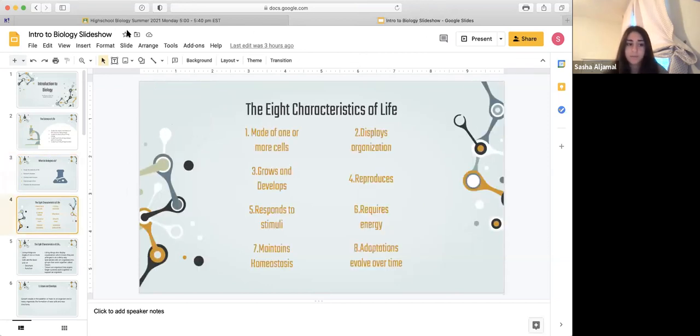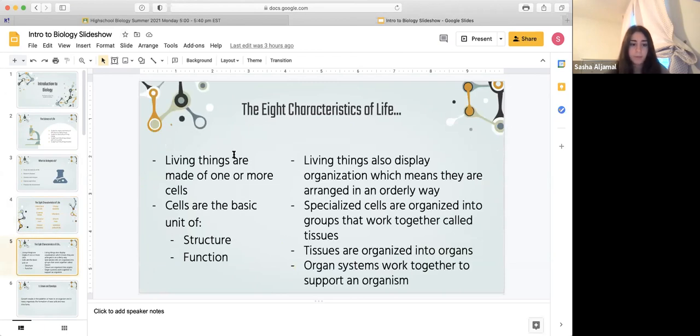Okay, so the 8 characteristics of life. There are 8 characteristics of life, and we will be talking about them more in depth throughout the unit, but right now we'll just cover them briefly. So the first one, living things are made up of one or more cells. Basically, cells are the basic unit of structure and function.